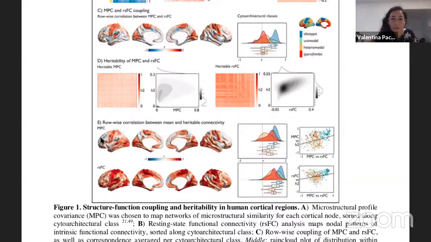So it makes sense if you have maps of non-related individuals compared to these ones, because this means that there are less interpersonal differences in unimodal regions with respect to the transmodal systems. And this is what the paper shows here. And you have the cause of this interindividual variability. It's genetic.